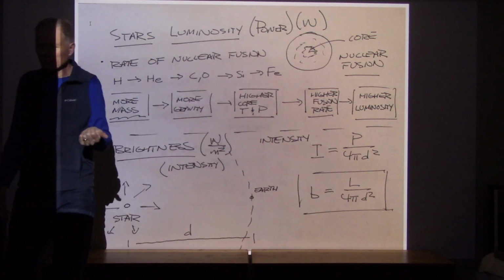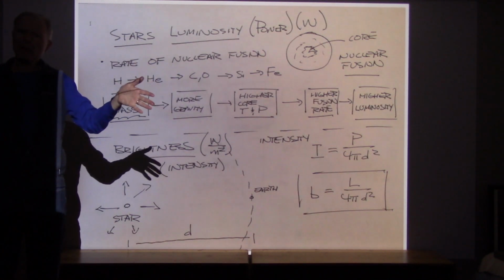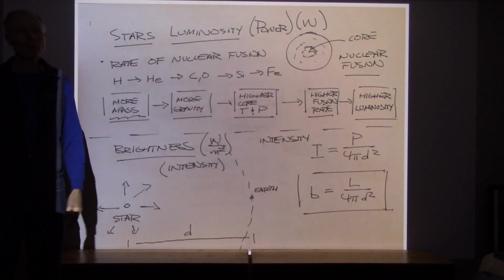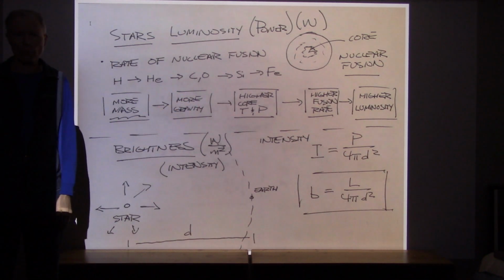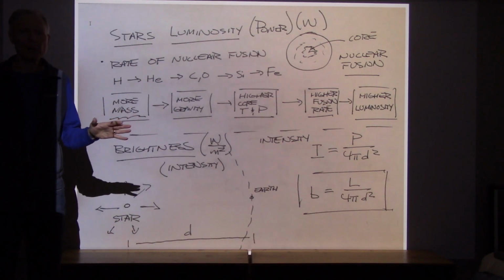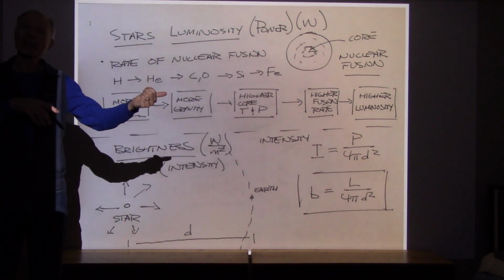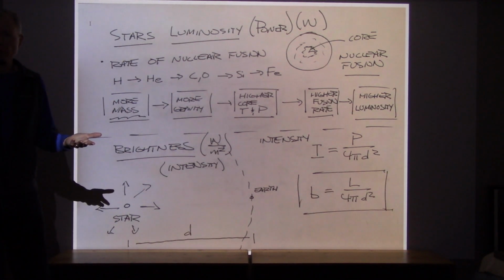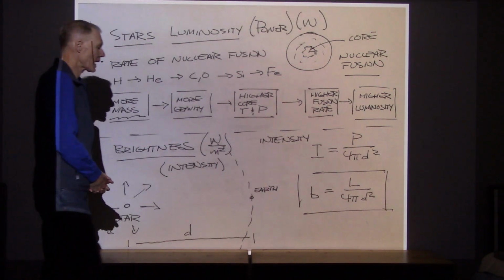And back in chapter 42, we said once you get to iron, you can have fusion reactions beyond iron, but they're not going to release energy anymore. That's the end of the energy production. Generating elements that are heavier than iron actually requires energy. So the Q values are no longer positive for those reactions.